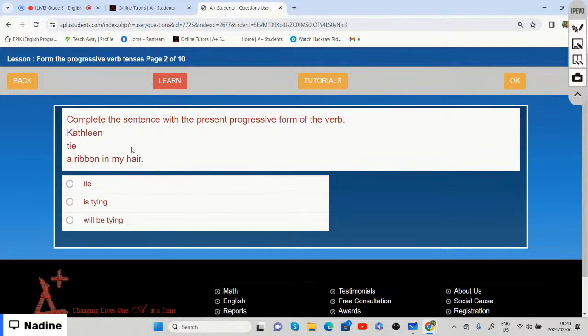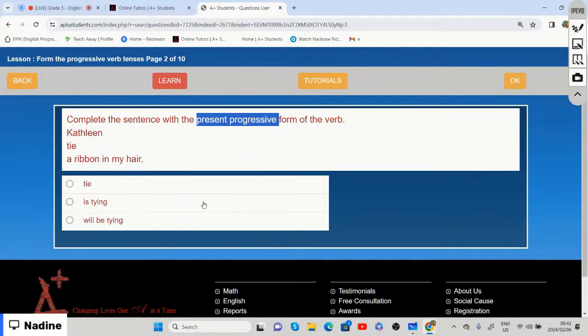We need to complete the sentence with the present progressive form of the verb. So we say, Kathleen tie a ribbon in my hair. But if you're showing the present progressive form of the verb, do we still say Kathleen tie a ribbon in my hair? Kathleen is tying a ribbon in my hair, or Kathleen will be tying a ribbon in my hair?